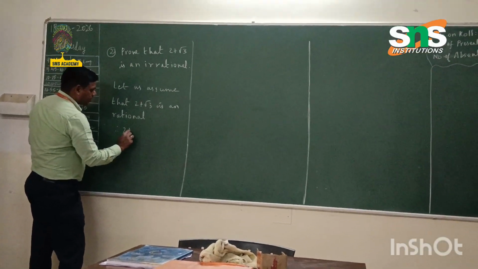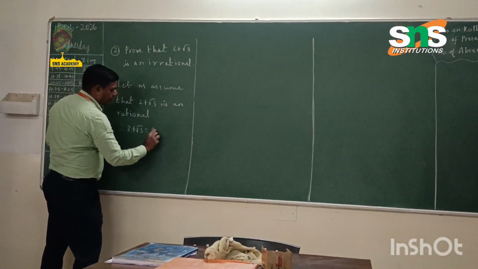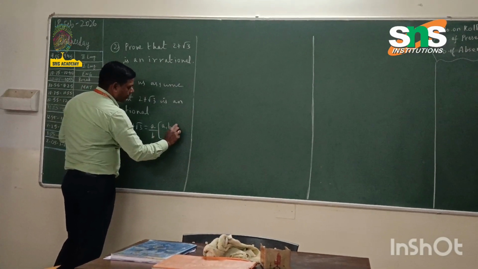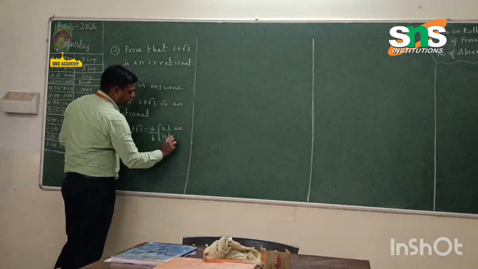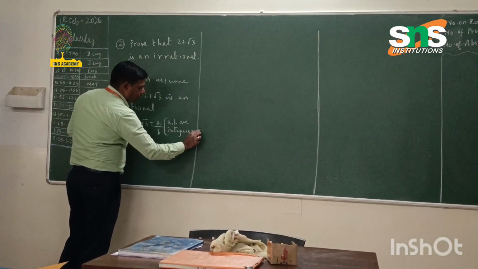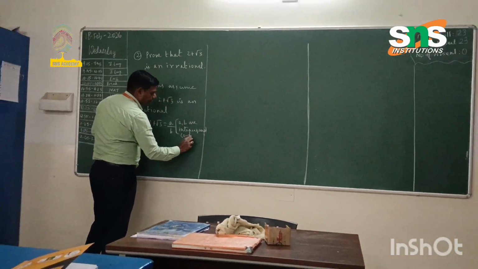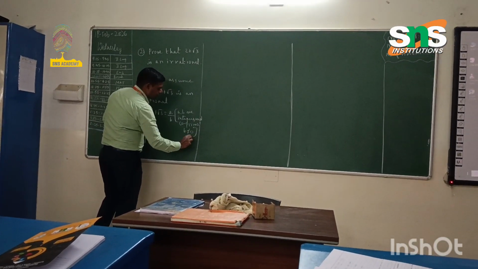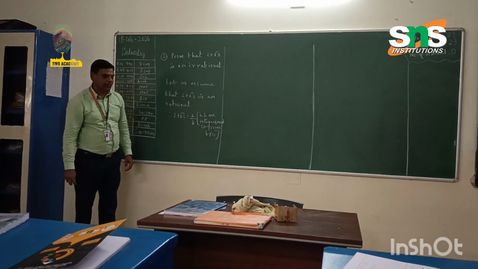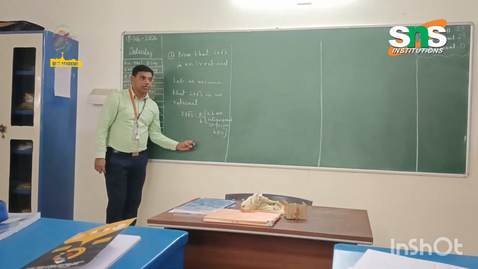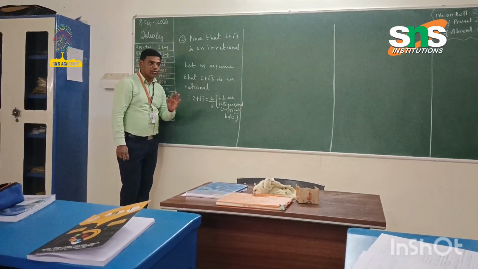Therefore, 2 plus root 3 is equal to a by b, where a, b are integers and co-prime, where b is not equal to 0. In the previous one, after this step we did squaring on both sides, but here we don't want to do that.